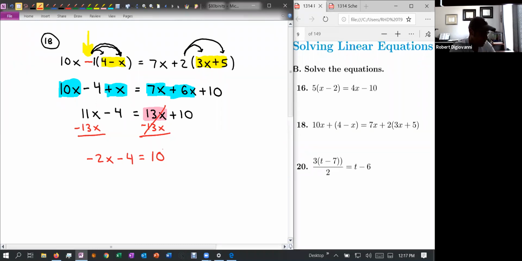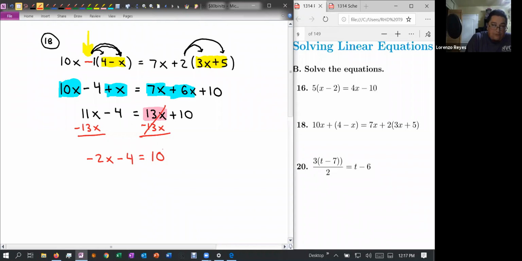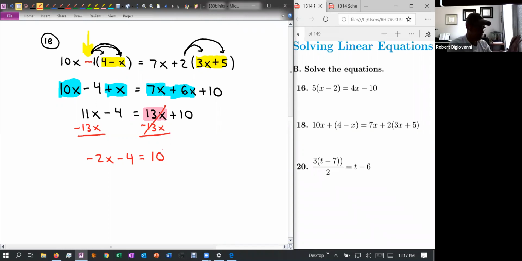All right, so we have gotten the x's to one side, but I don't have x by itself. I still have this -4 here. So how am I going to get that -4 away from that x on that side? So if we have -4, to undo that, we're going to add 4.